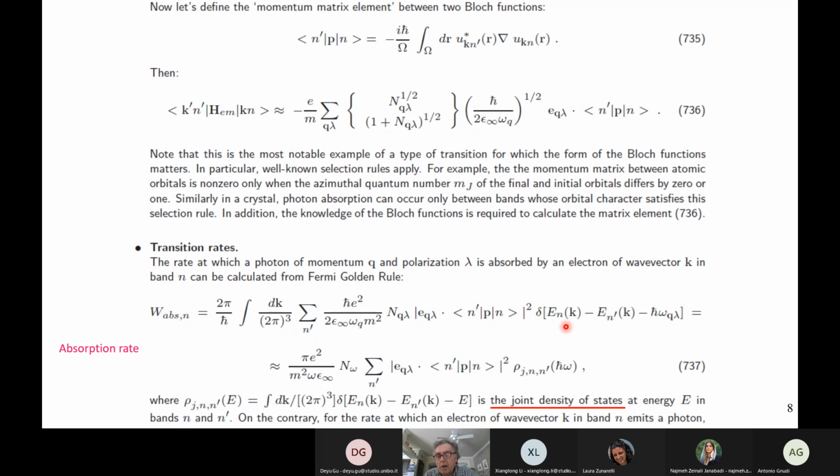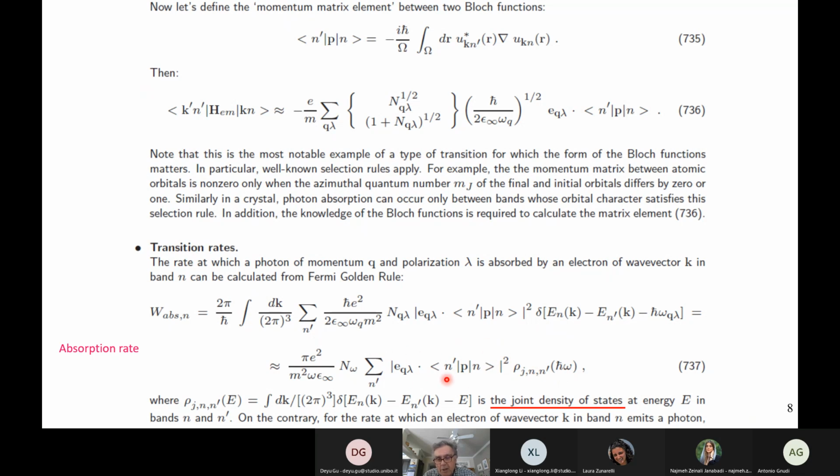Okay, so it is not just the density of states of the conduction band or the valence band, but both of them simultaneously. This little j over here says joint. Okay, the rho usually denotes density: density of states, density matrices, that we'll see in the future. So essentially the absorption rate is proportional to the joint density of states.